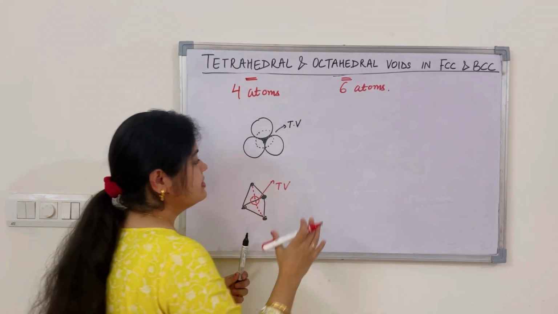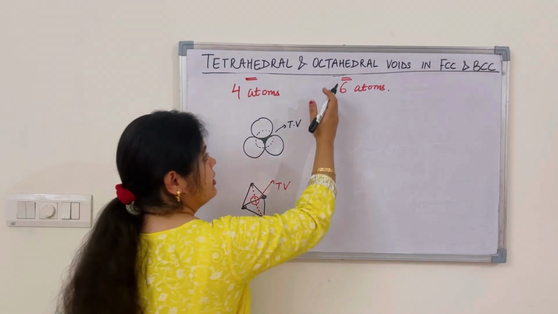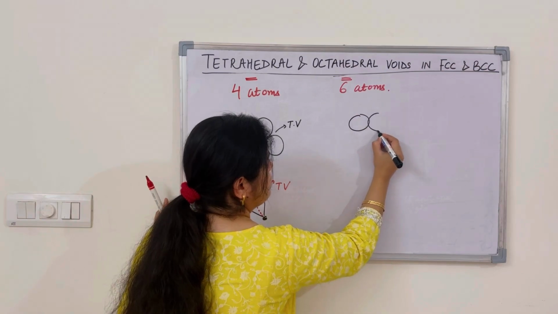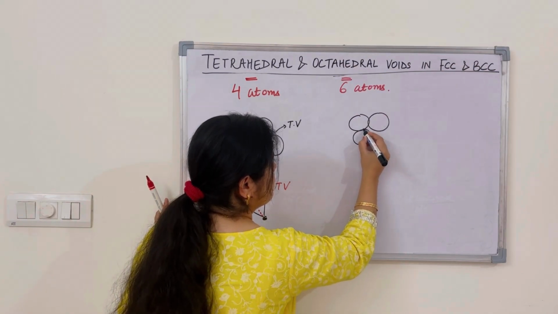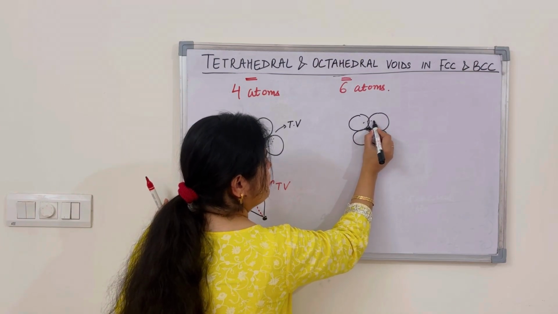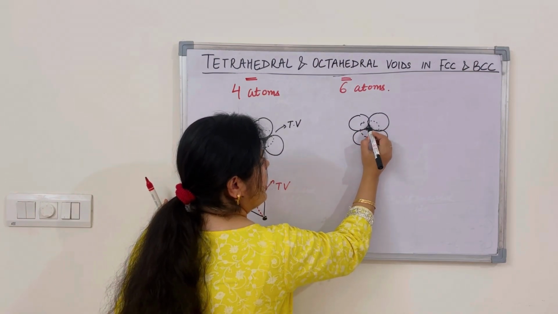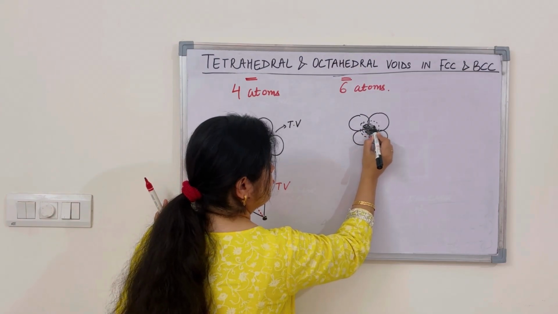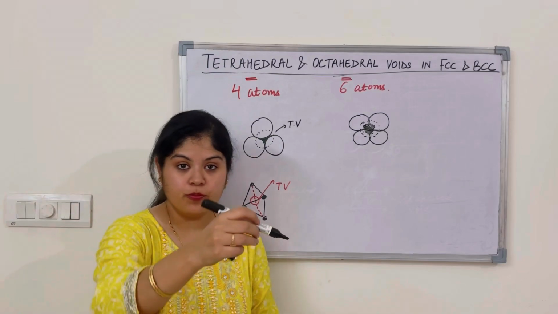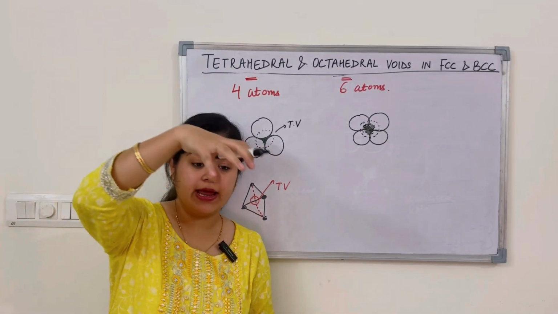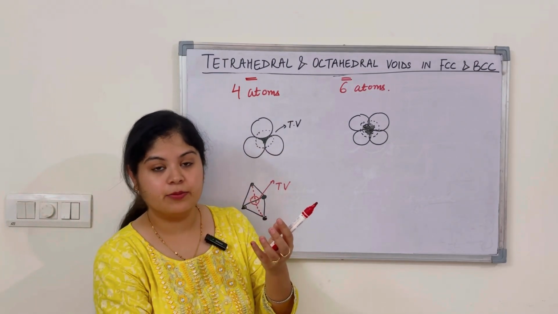Now, what is an octahedral void? In an octahedral void, we have 4 atoms which are in one plane. This is a void which is covered by one atom at the top and one atom at the bottom. So there are 4 atoms in one plane, one atom on the top and one atom at the bottom.